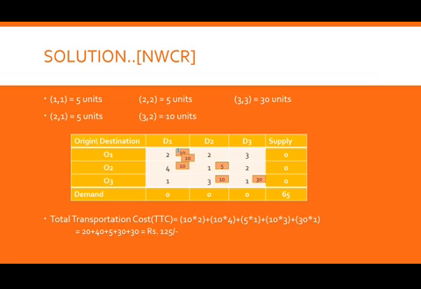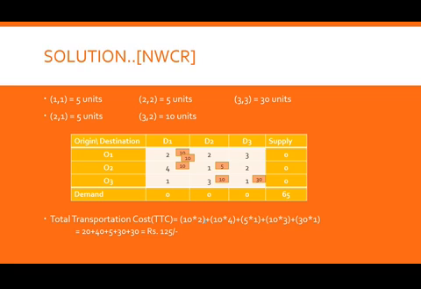So the IBFS is 10 across 1 comma 1, 10 across 2 comma 1, 5 across 2 comma 2, 10 across 3 comma 2, and 30 across 3 comma 3. So the total transportation cost will be 10 into 2 plus 10 into 4 plus 5 into 1 plus 10 into 3 plus 30 into 1.